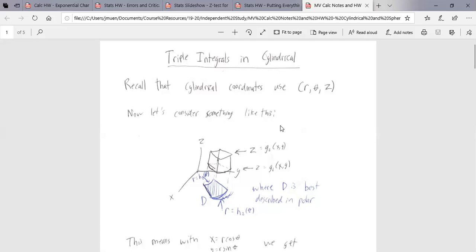So the first thing we're going to do is recall that cylindrical coordinates are going to use polar coordinates and then z. So x and y essentially turn into polar coordinates, and z remains z. So what we have is x equals r cosine theta, y equals r sine theta in the normal way, z equals z. So we might consider something like this shape.